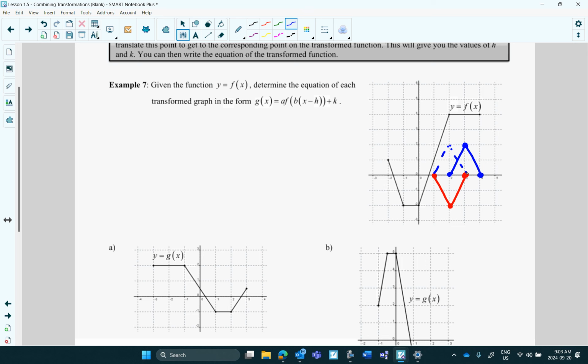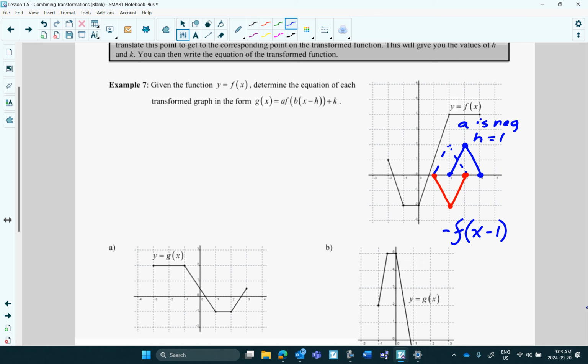And then it shifts 1 to the right. So that means that if it's a vertical flip, A is negative. And if it shifts 1 to the right, H is 1. So it would be negative F of X minus 1. Okay.